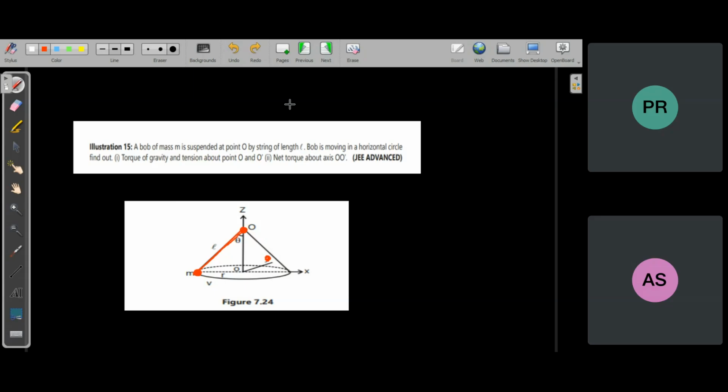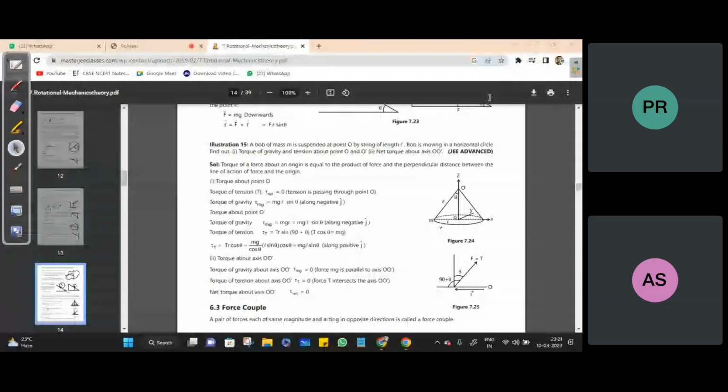Question is again not visible. Sorry, not visible. So, one minute.